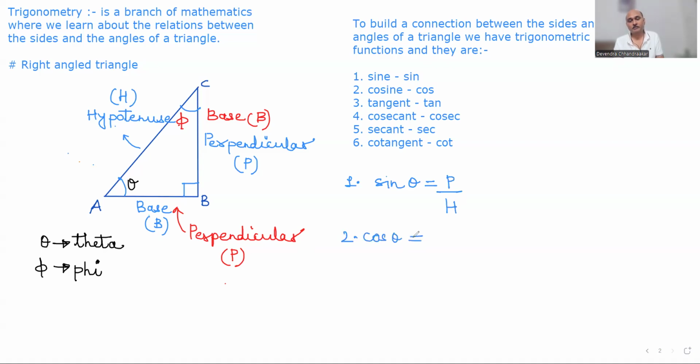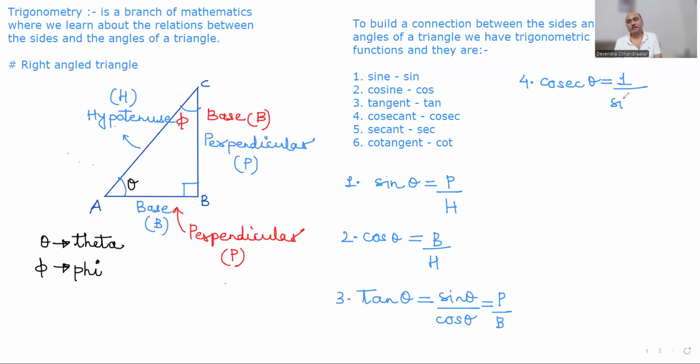When we give the input of angle to cos, it's the ratio of base upon hypotenuse. Third, when we give the input of angle to tan, it is the ratio of sine theta to cos theta, or it is P upon B. Fourth one, in case of cosec theta, it is 1 upon sine theta, and it is H upon P. Now they are inverse only, right?